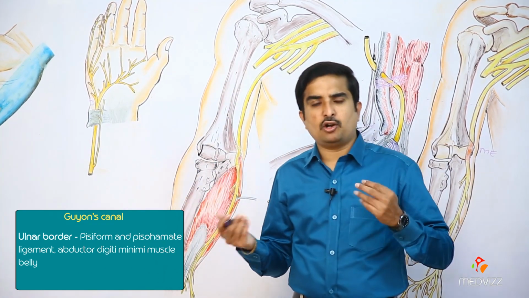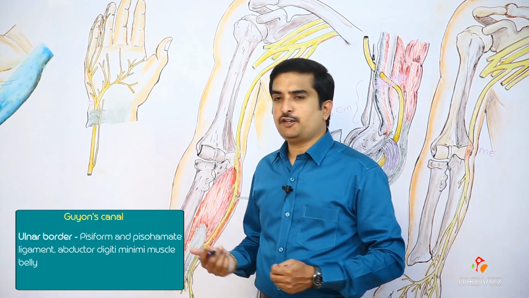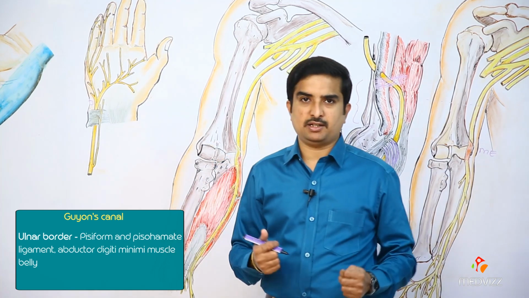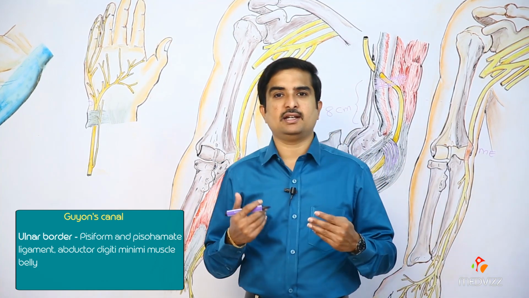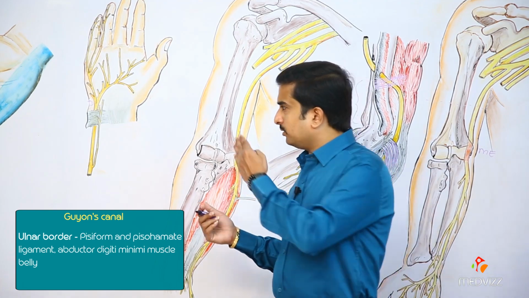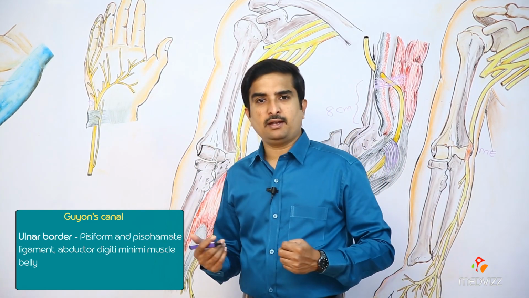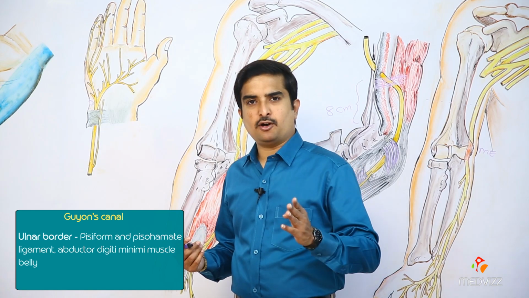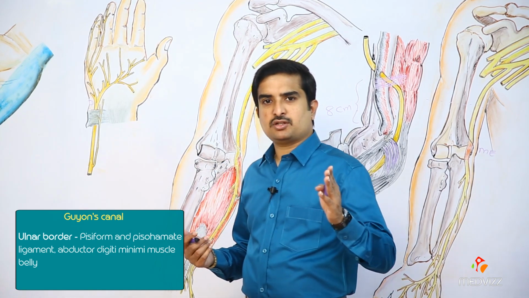The ulnar border of the Guyon's canal is formed by the pisiform bone as well as the pisohamate ligament. Not only that, you can also find a small muscle called abductor digiti minimi. So the ulnar border is formed by three structures: pisiform, pisohamate ligament and the belly of abductor digiti minimi.